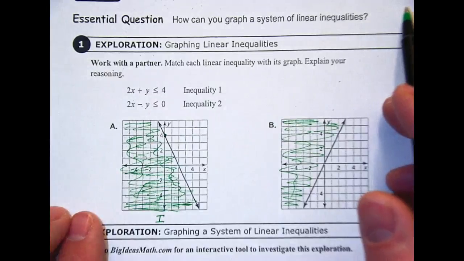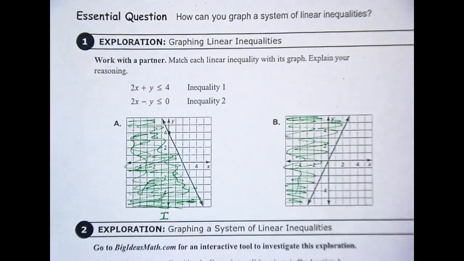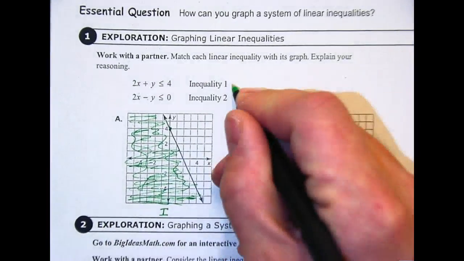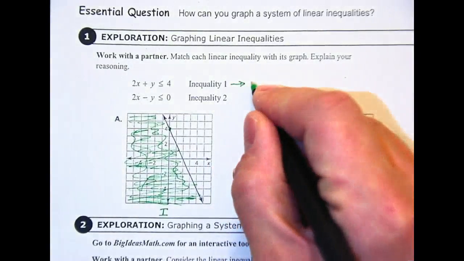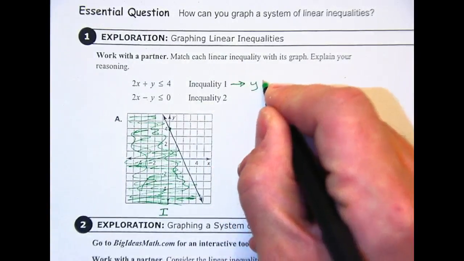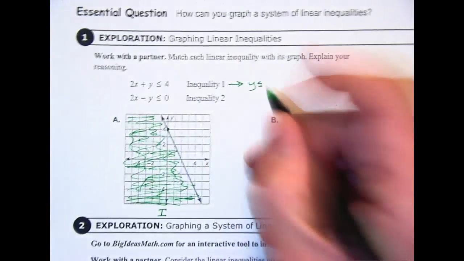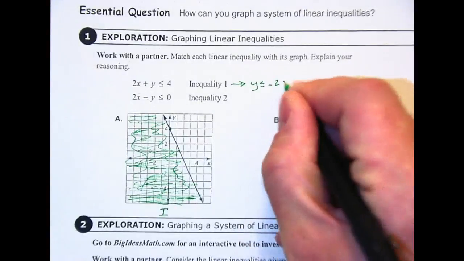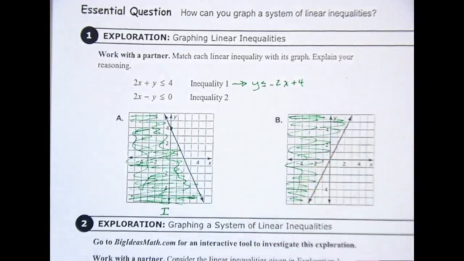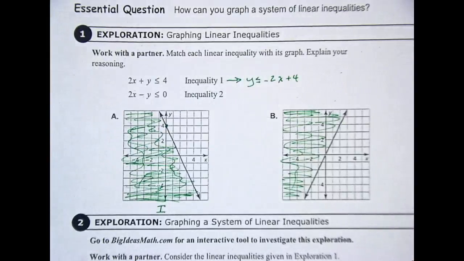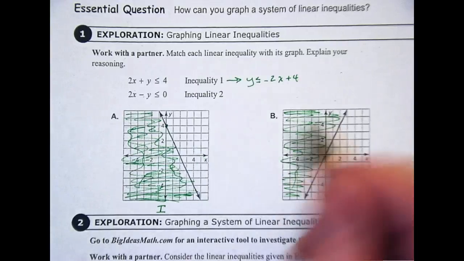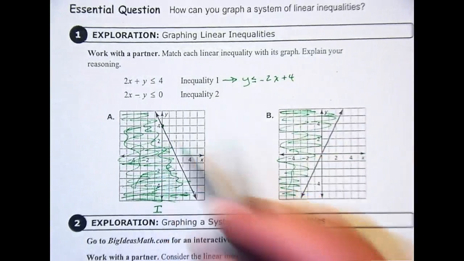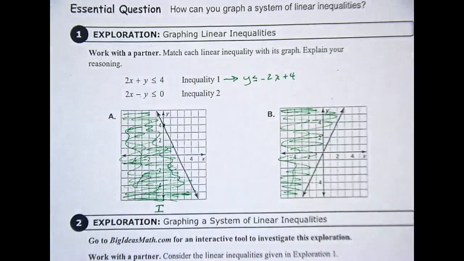Go ahead. What I did is I put it in y equals mx plus b form. Y equals mx plus b, we call that, anyone know? Slope-intercept form, right. So subtract our 2x and plus 4. How many did that? And then you use your y-intercept? Yeah. Down 2 over 1. How many of you got this is graph number 1?